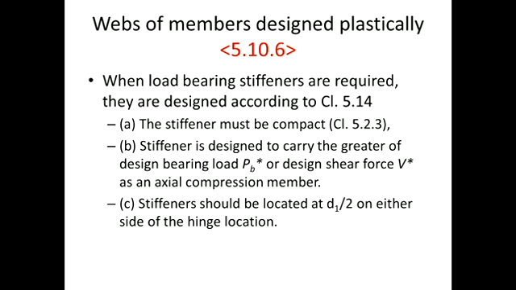And then we also have all the conditions depending on the type of section that we were looking at. In addition to that, at all the locations where the plastic hinges are going to be forming, we have to make sure that these conditions are satisfied.